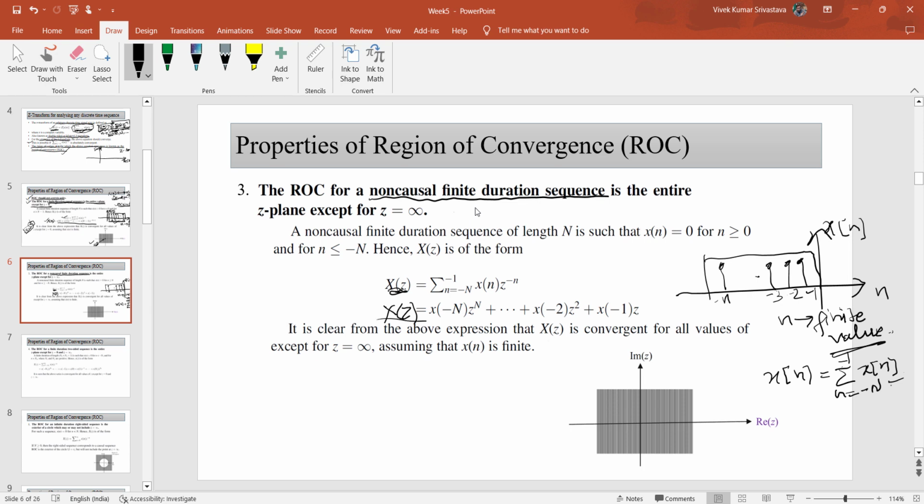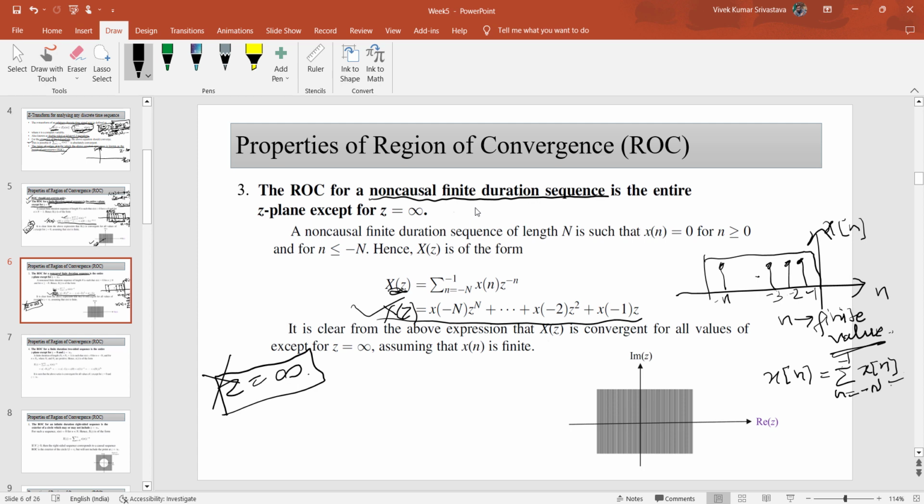Okay, so here you can see that this expression will only converge for all values of z except z equals infinite, meaning z equals infinite should not be there in the ROC.